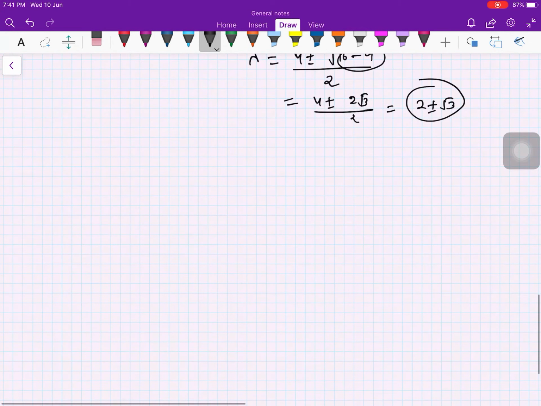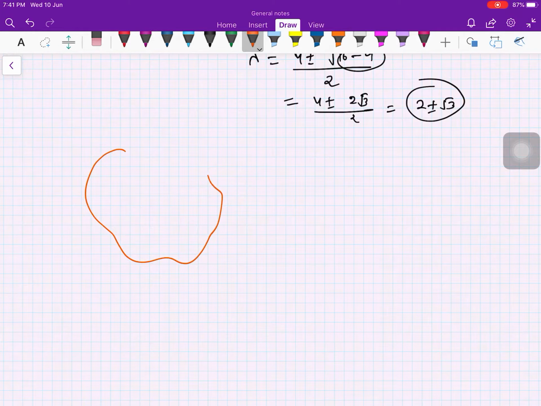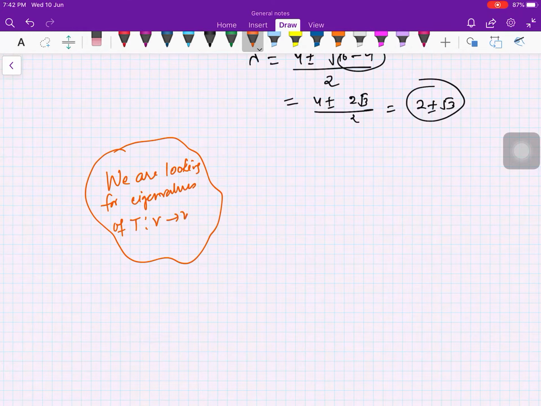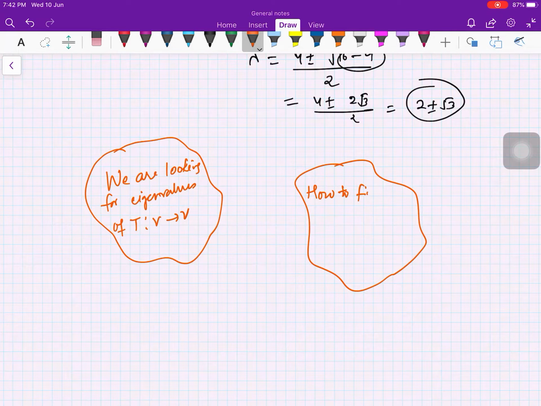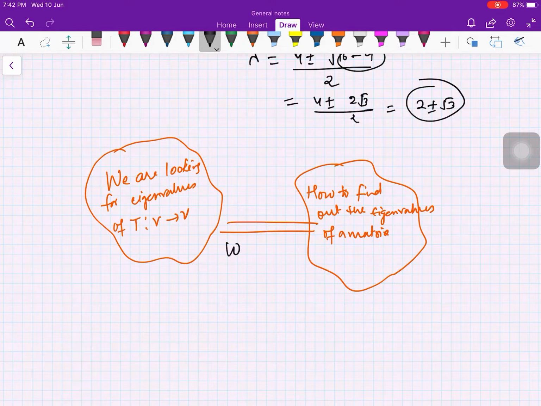We are looking for eigenvalues of a linear map from V to V, and so far we have seen how to find the eigenvalues of a matrix. So what is the relation?